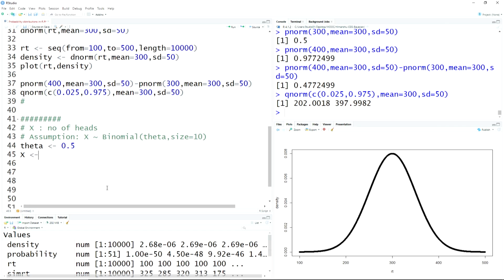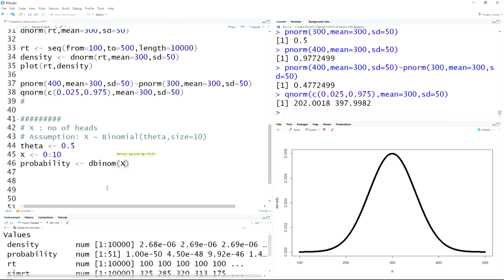What values can x take? Number of heads can take any value between 0 and 10. So, let us calculate probabilities corresponding to each value of x, which you can calculate using the dbinom function. This function calculates the value of the probability mass function.